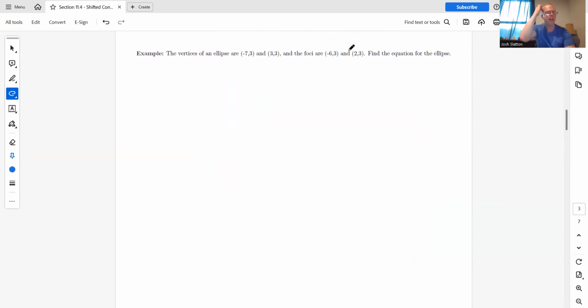So that tells us that this one is stretched horizontally. So x squared over a squared plus y squared over b squared equals 1. And so you just need to figure out what a squared and b squared are.